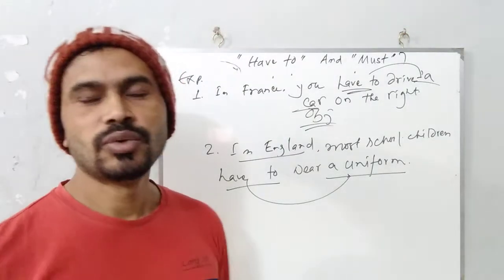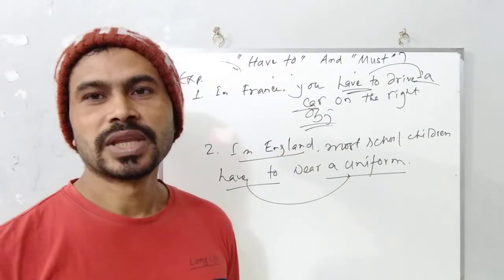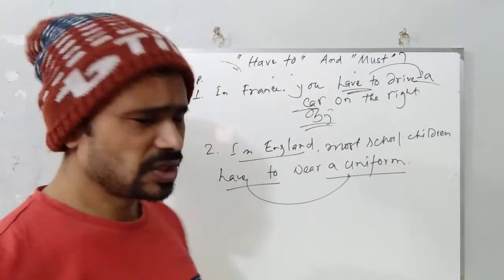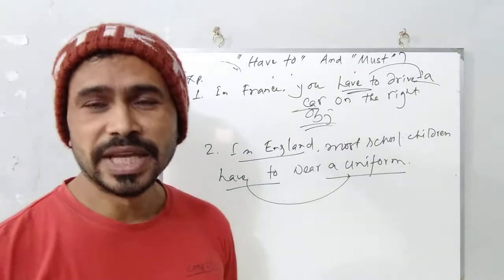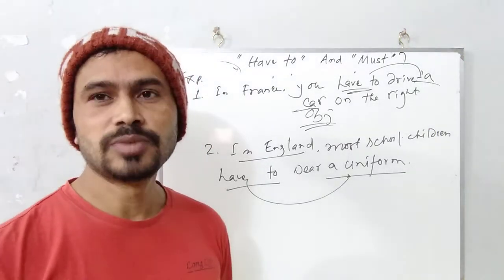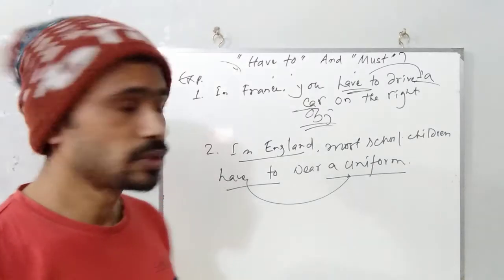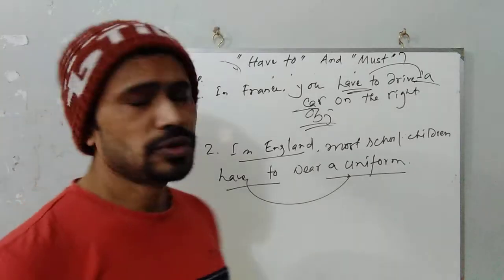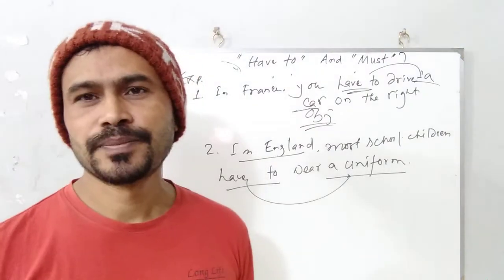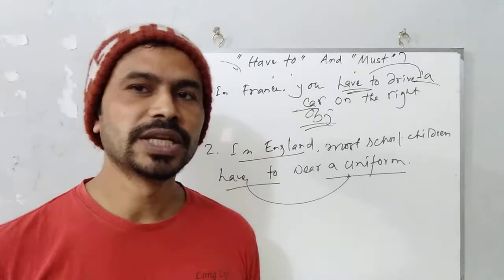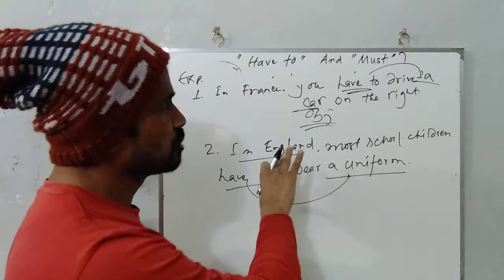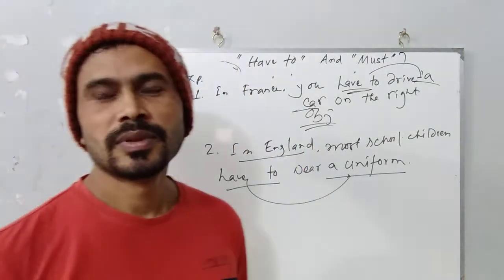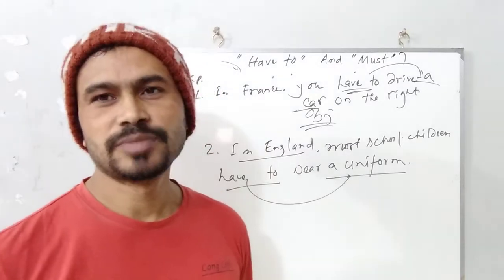So that's why we can call it objective obligation. So have to is also used as an objective obligation. The two sentences I have mentioned here so that you can understand properly.